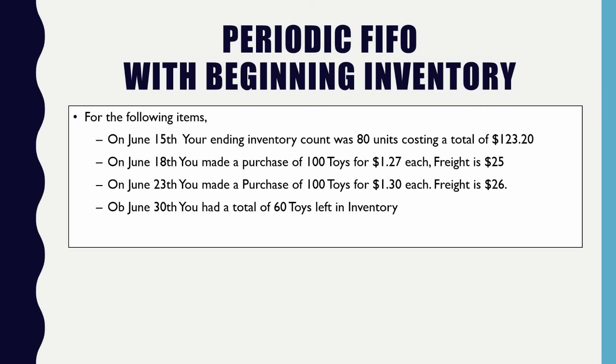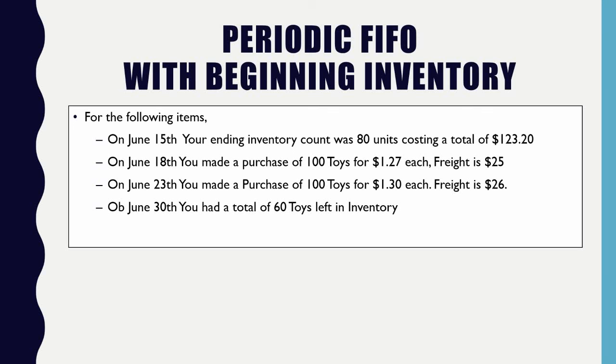Now that you have beginning inventory, you need to add it to all of your purchases. We have a beginning inventory now because we're starting a new period, so your ending inventory became your beginning inventory.